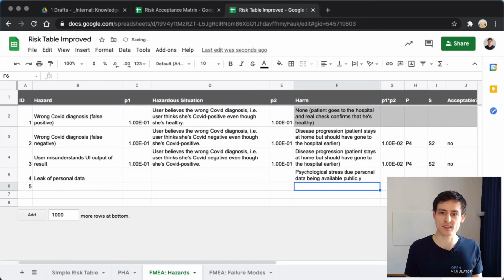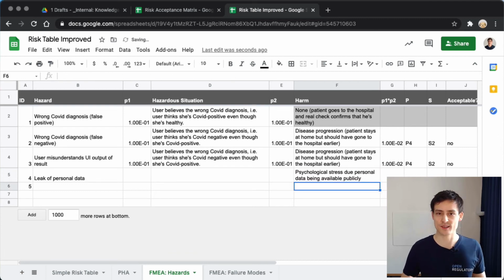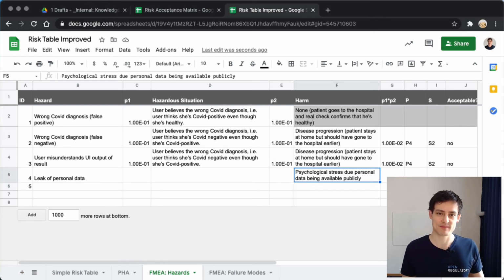Okay, so this is my COVID information being leaked publicly, and then I don't know, a newspaper could write, oh my god, Oliver has COVID, and that's totally crazy.